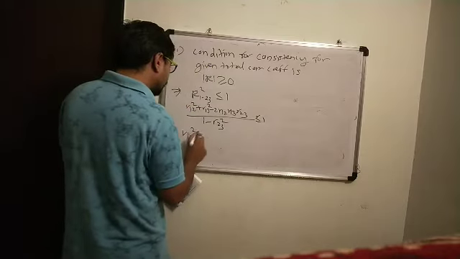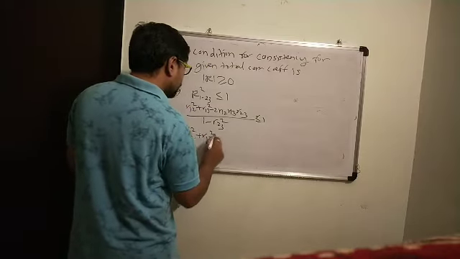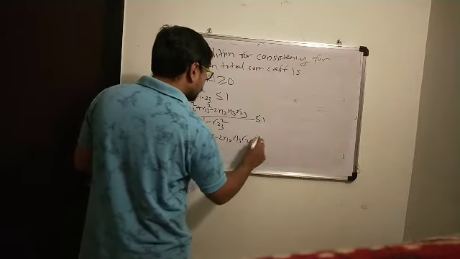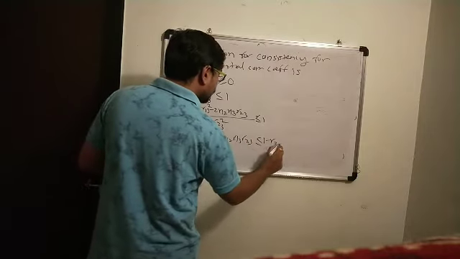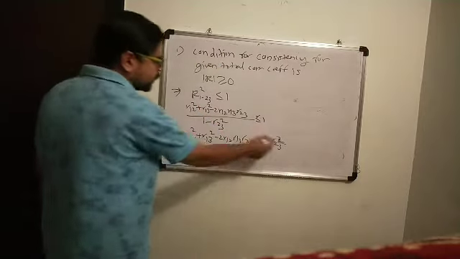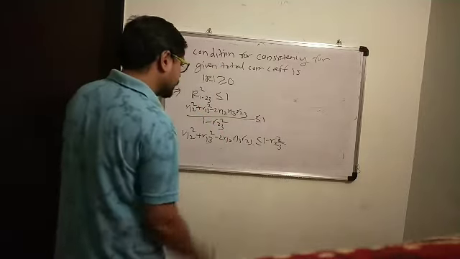So R12 square plus R13 square minus 2 times R12, R13, R23 is less than or equal to 1 minus R23 square. So take all this quantity to the right hand side.